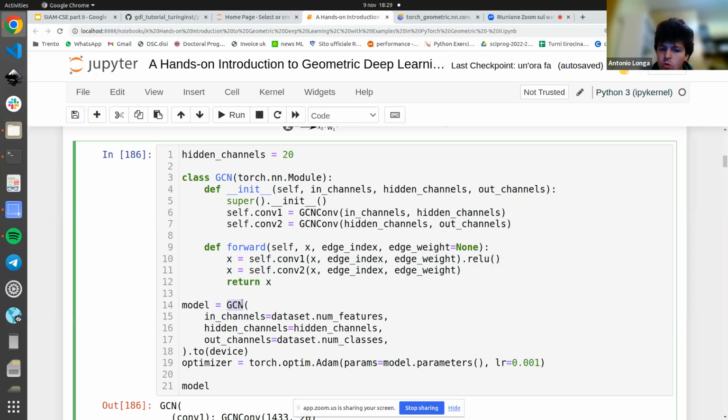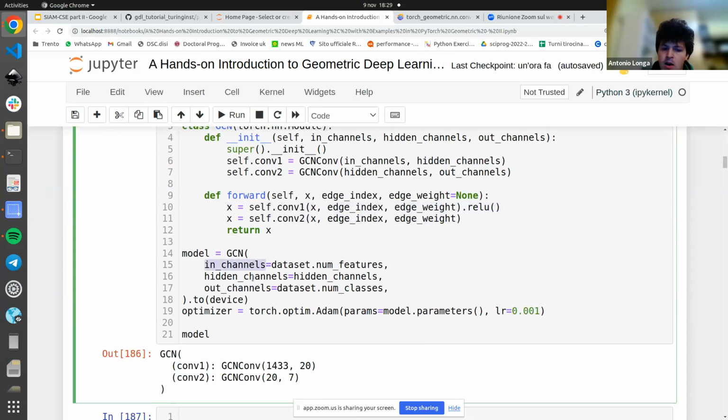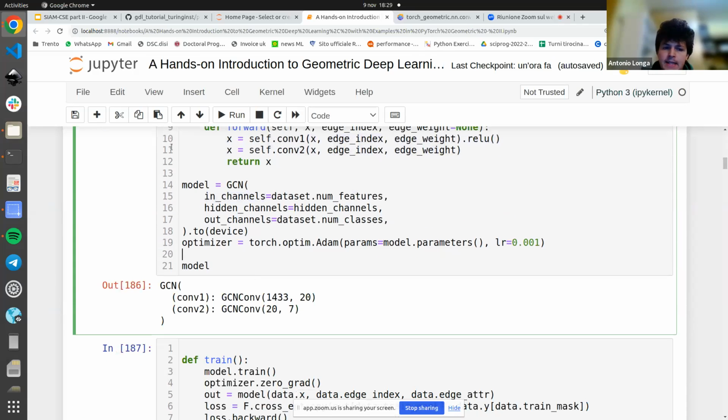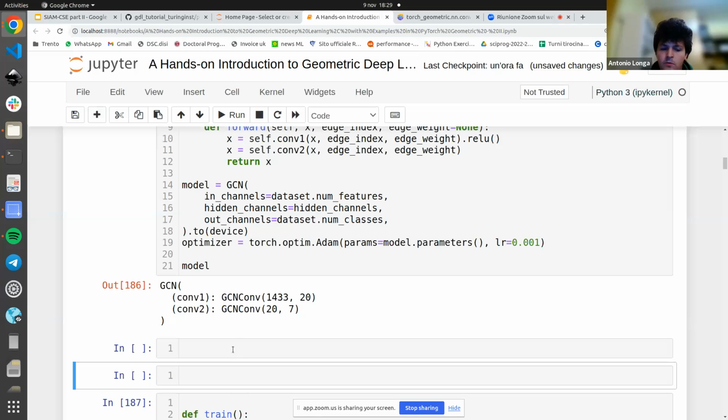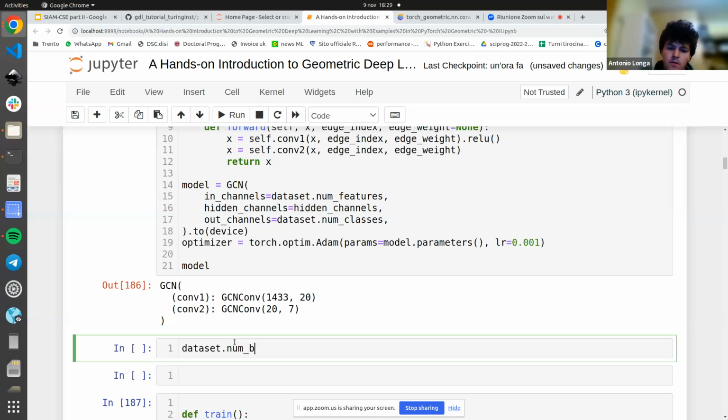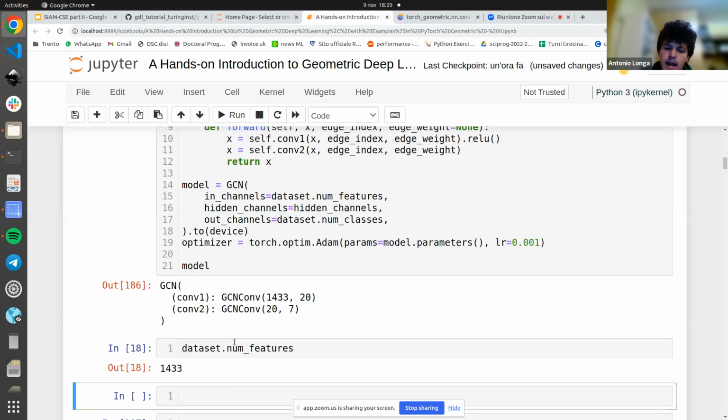We just need to call GCN and specify the in channels. Now, the in channels are exactly the number of node features, and we can access them by simply saying num features. And indeed, we have 1,433 features.